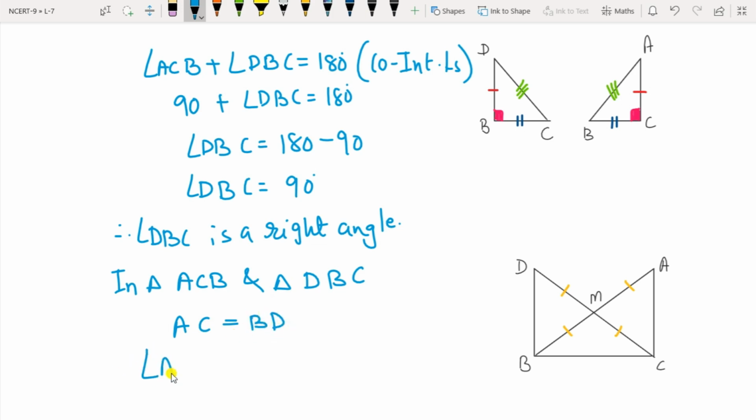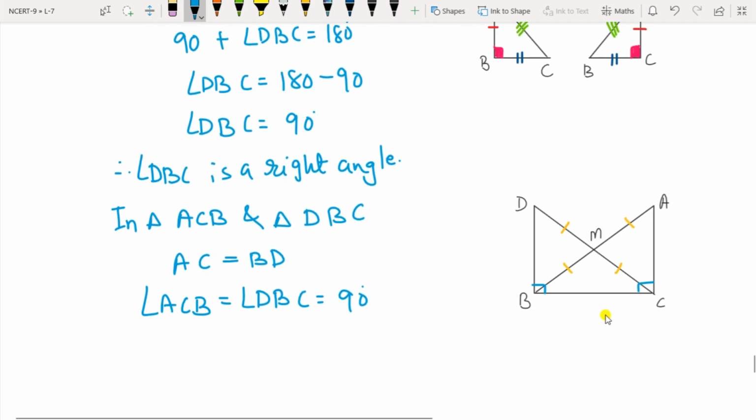Angle ACB is equal to angle DBC, that is 90 degrees. These two are 90. Then BC is common.